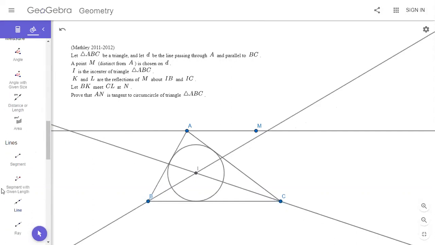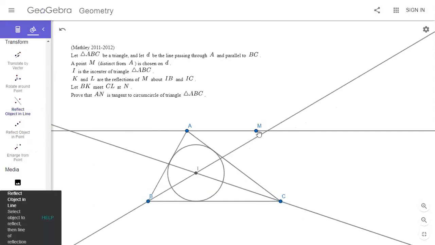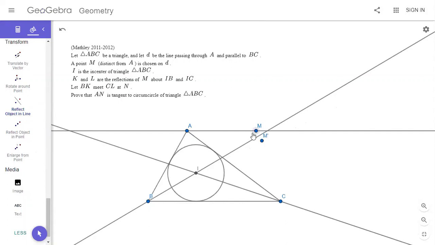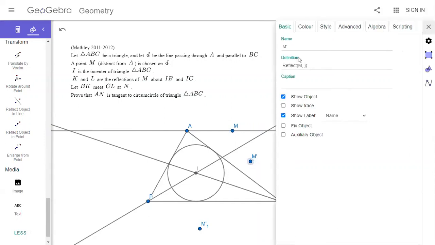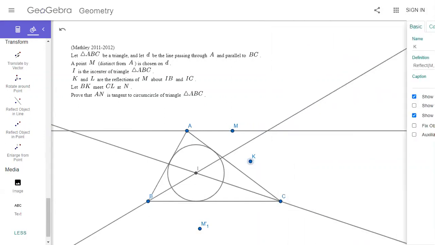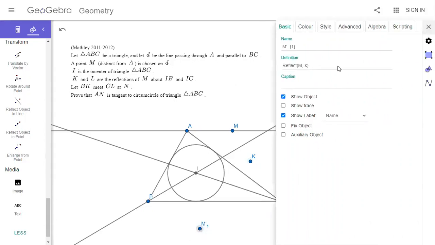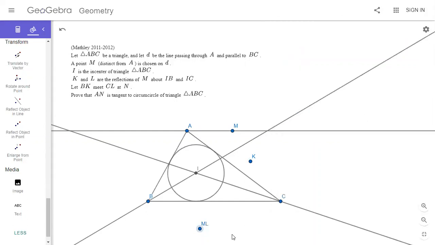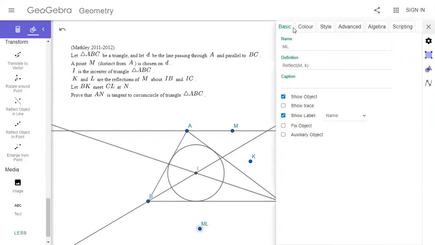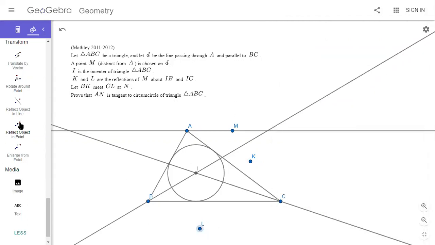I'm going to do some reflection here. Well, that's somewhat asymmetric, but okay. So this is K, and this is L, and BK and CL meet at N.